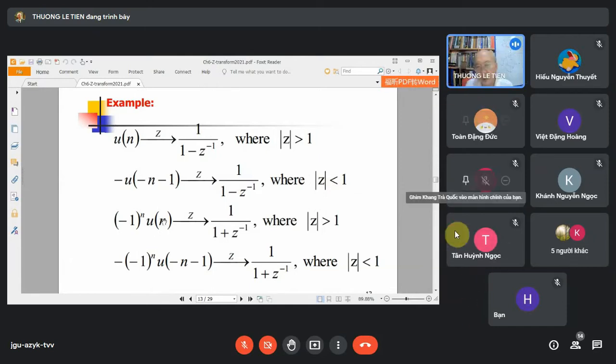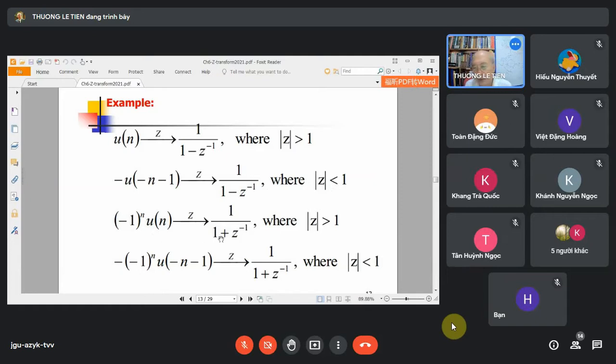And this one is also a causal signal, but a is equal to minus 1. Minus 1, or a, is the pole of the function. Okay, this one is minus 1.